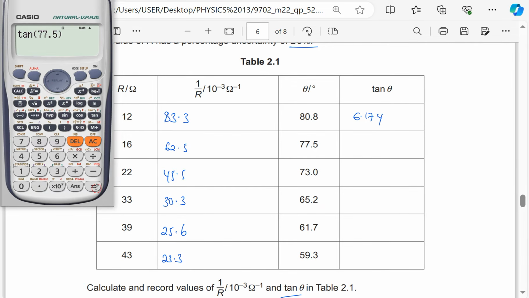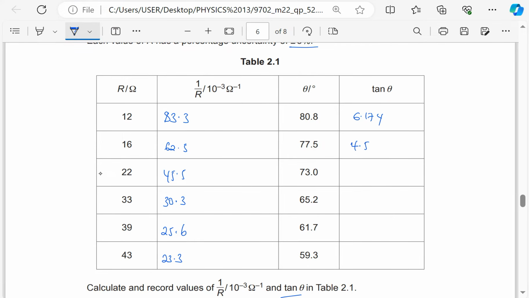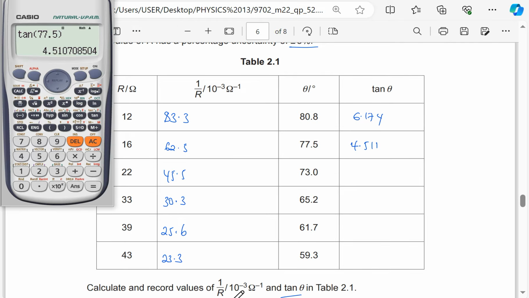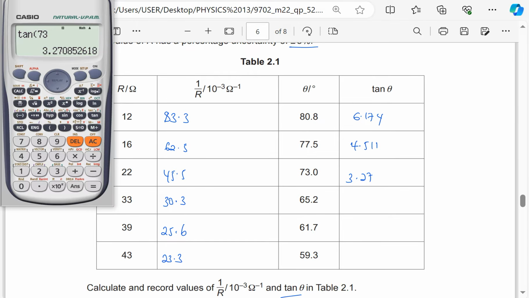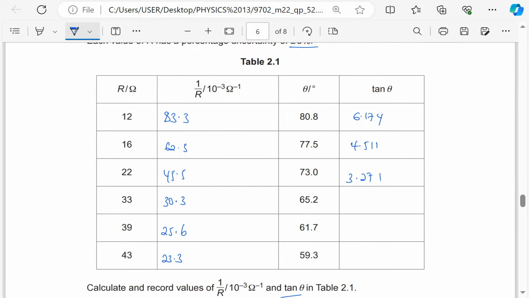Then tan of 77.5. This is going to be 4.511. Then tan of 73, so this is 3.271. Make sure you also round off correctly.